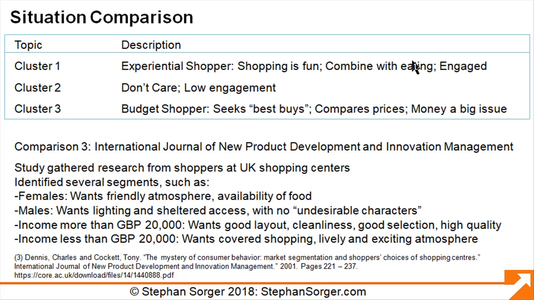The journal also found differences based on income, differentiating between those generating more than 20,000 Great British Pounds and those making less. The higher income segment wants a good layout, a good selection, and high quality, whereas the lower income segment is more concerned about the shopping atmosphere.